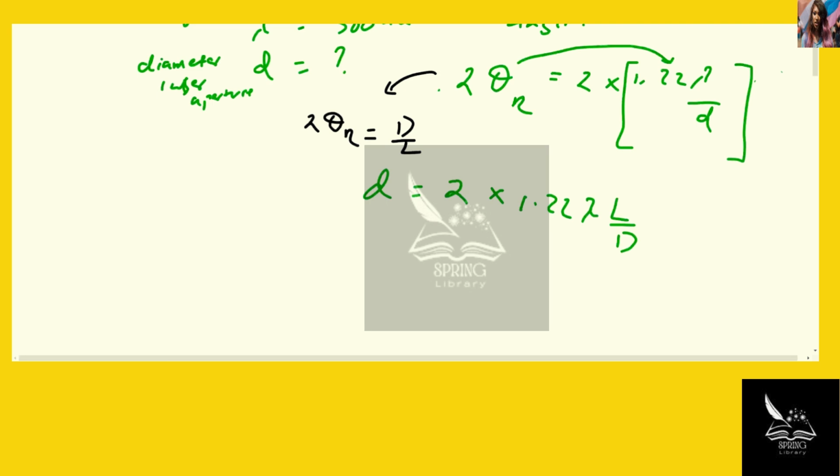So it follows that we could solve for theta r if we wanted to. But we can see that if 2 theta r is D over L and 2 theta r is 1.22 lambda over d, then we can say D over L is 1.22 lambda over d.